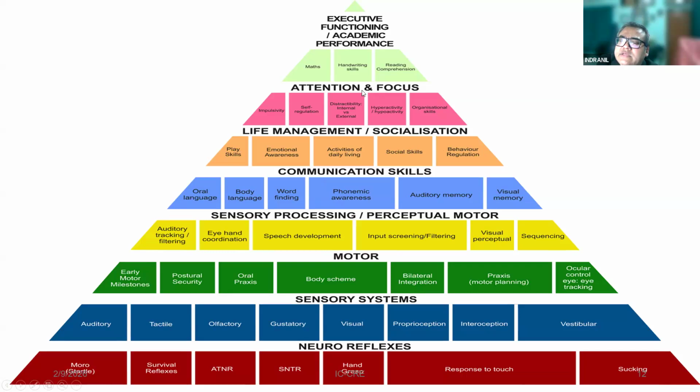When it comes to attentional and focus level, more hierarchical: impulsivity, self-regulation, distractibility, that may be internal versus external, that ratio, and then hyperactivity, hypoactivity, and organizational skill. Then it comes to the highest processing function, that is executive functioning like mathematical processing, arithmetic processing, number processing, handwriting, reading comprehension, judgment, problem solving, etc.